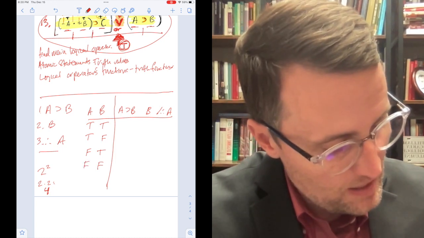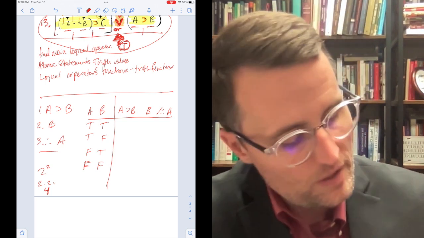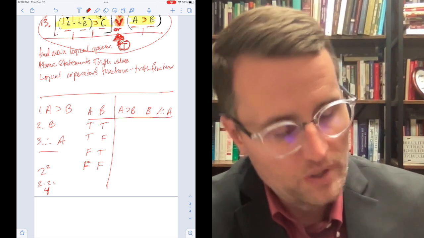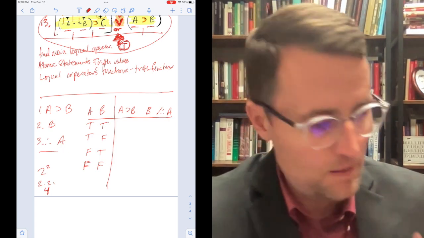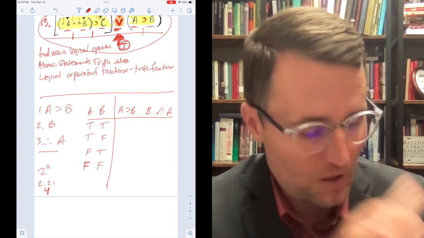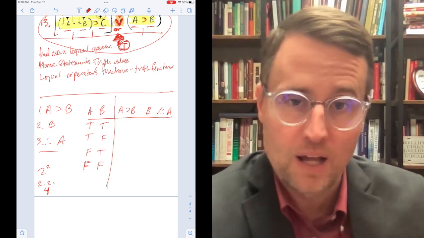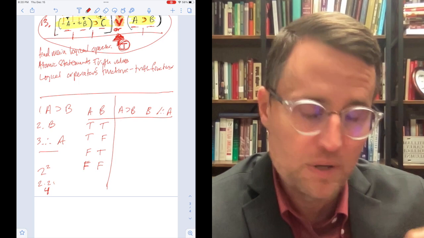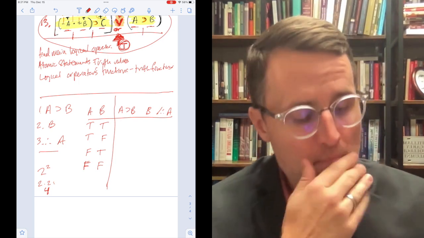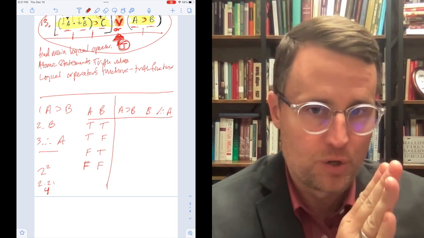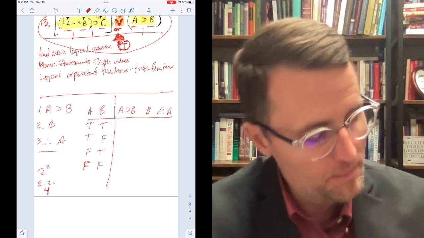That way you've set up every possibility of the combination of those truth values of those atomic statements in the argument. Then you go over and you start applying those truth values to the atomic statements of particular premises by themselves, and coming up with the truth value based on the logical operator.